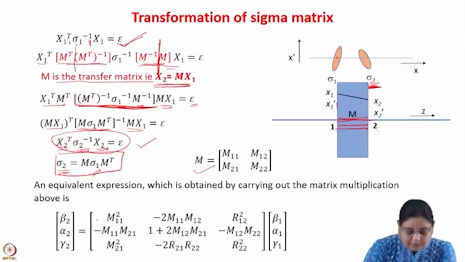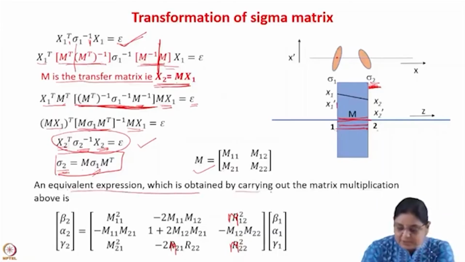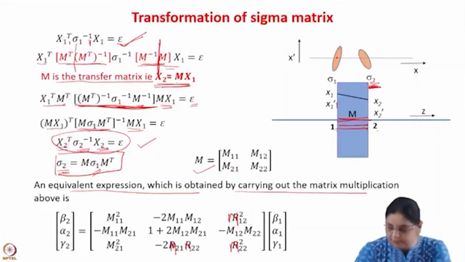So here, these are all M. This gives an expression which can be carried out by matrix multiplication. So this is also M.